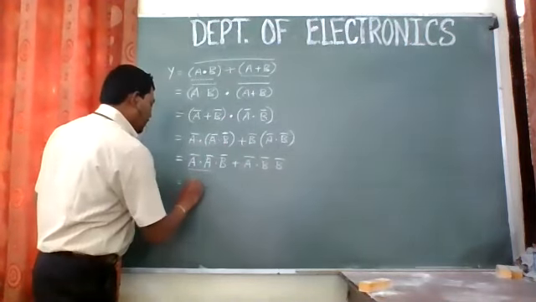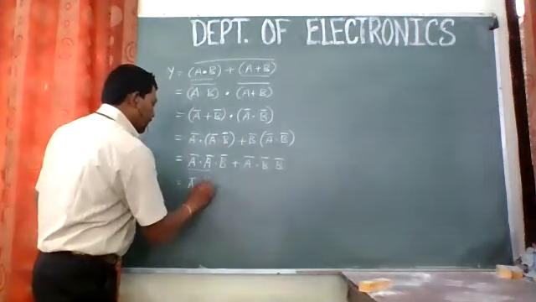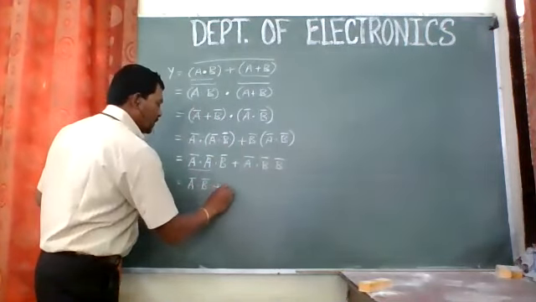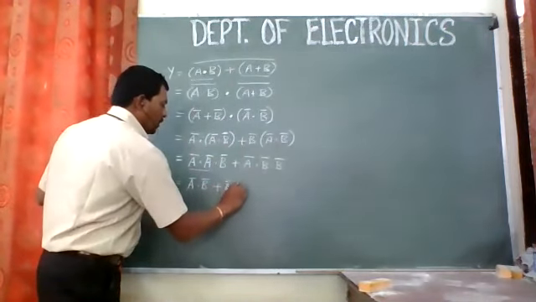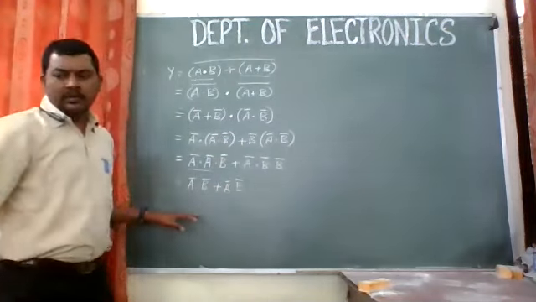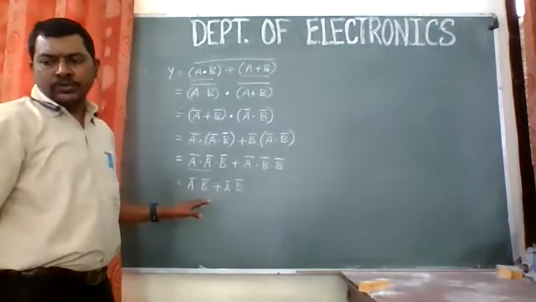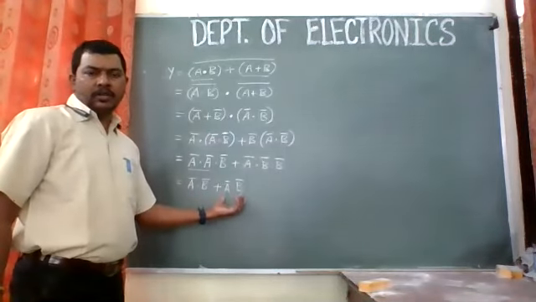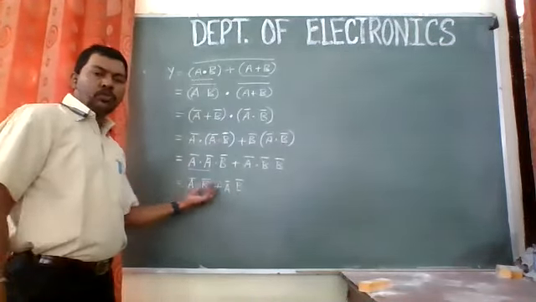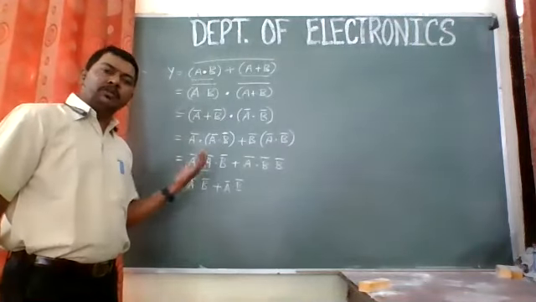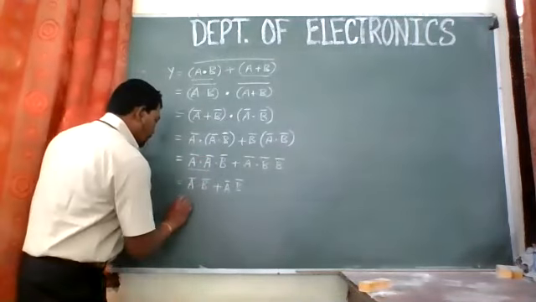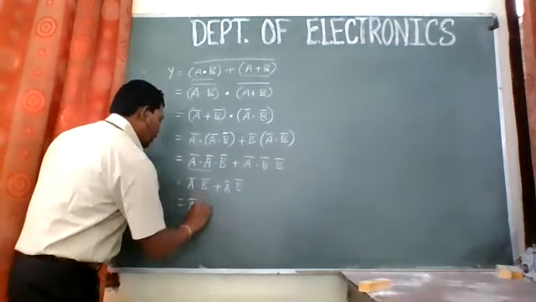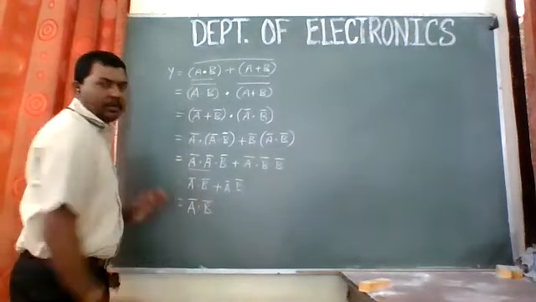So again we will have A complement dot B complement plus A complement dot B complement, right? Is this okay? So A complement dot B complement plus A complement dot B complement again. Both will give you A complement dot B complement only. So I'm writing it like this: A complement dot B complement.